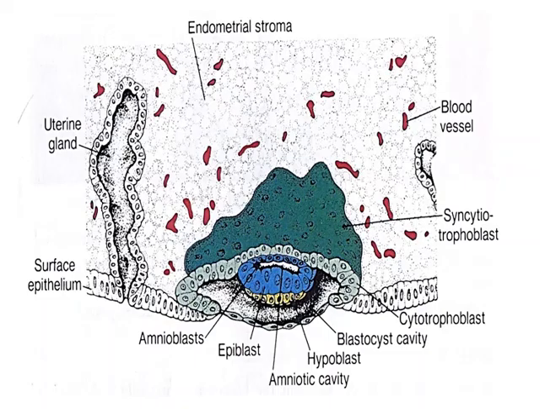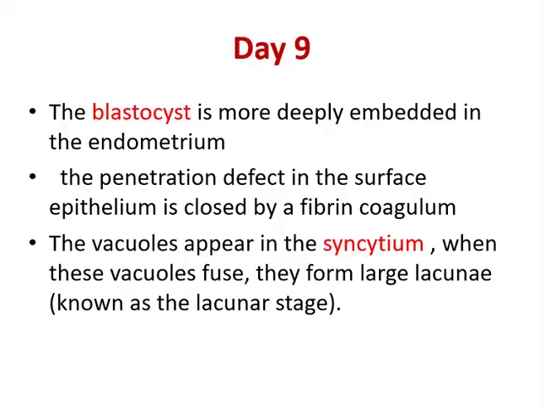At day 9, the blastocyst is more deeply embedded in the endometrium, and the penetration defect in the surface epithelium where the blastocyst entered the endometrium is closed by a fibrin coagulum. Also, vacuoles appear in the syncytial trophoblastic cells.